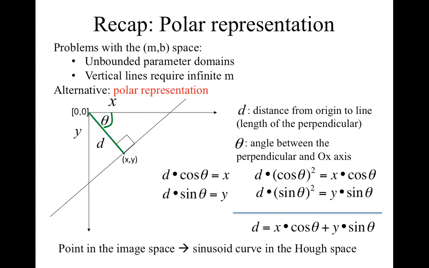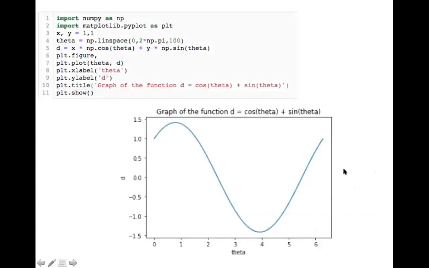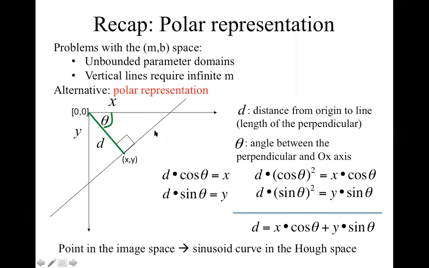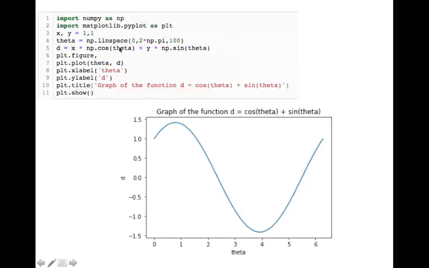Okay, and we remember that sinusoid curve. Here you have a drawing for this sinusoid curve. This is a sinusoid curve that corresponds to the point x equals 1 and y equals 1. What I did here, I took all the lines that have theta going from 0 to 360, and I discretized theta in 100 values.